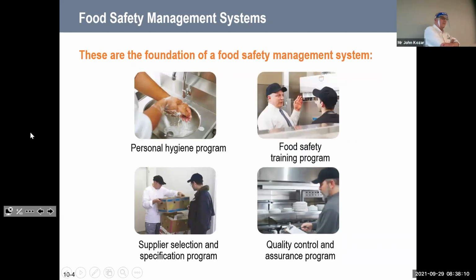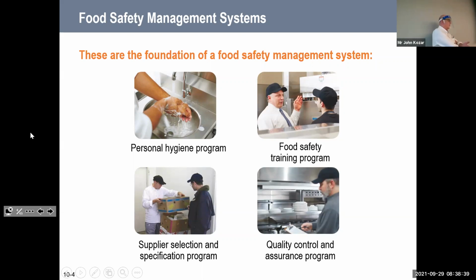So there are 8 things in the foundation of a food safety management system. First is a personal hygiene program. The biggest part of that is going to be how and when employees wash their hands. And that also includes reporting illnesses to the employer. A food safety training program.